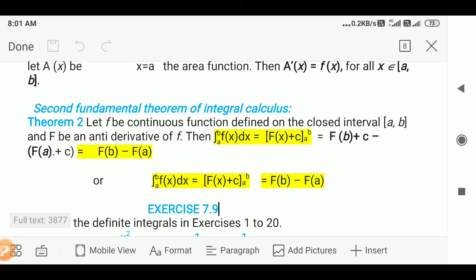So the integral from a to b of small f(x) dx is equal to F(x) + c from a to b, that is equal to F(b) minus F(a) only. So you write the integral from a to b of f(x) dx equals F(b) minus F(a).